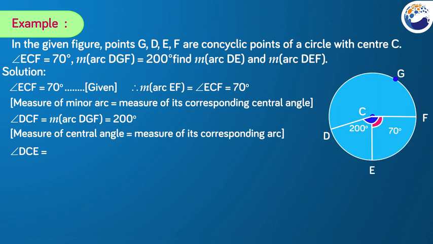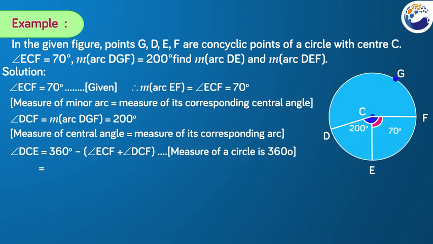Angle DCE is equal to 360 degrees minus the sum of angle ECF and angle DCF, since the measure of a circle is 360 degrees. That is 360 degrees minus the sum of 70 degrees and 200 degrees, which is 360 degrees minus 270 degrees, which is equal to 90 degrees.